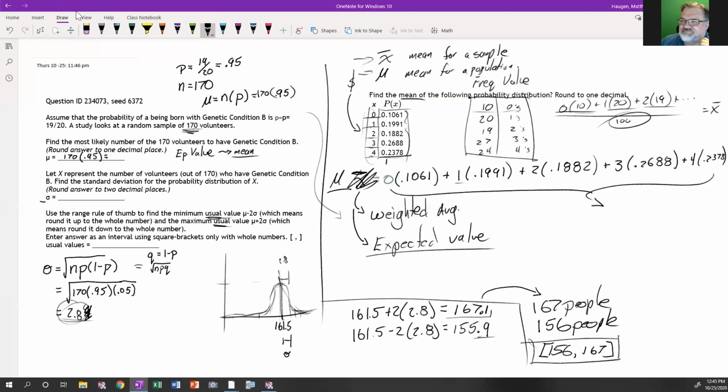And the nice thing is that they are a lot nicer. Finding the mean by just np, that's nice. That's our expected value. Finding standard deviation just by this square root of npq is also very nice. So hopefully that helps. Let me know, and I'll talk to you guys soon.